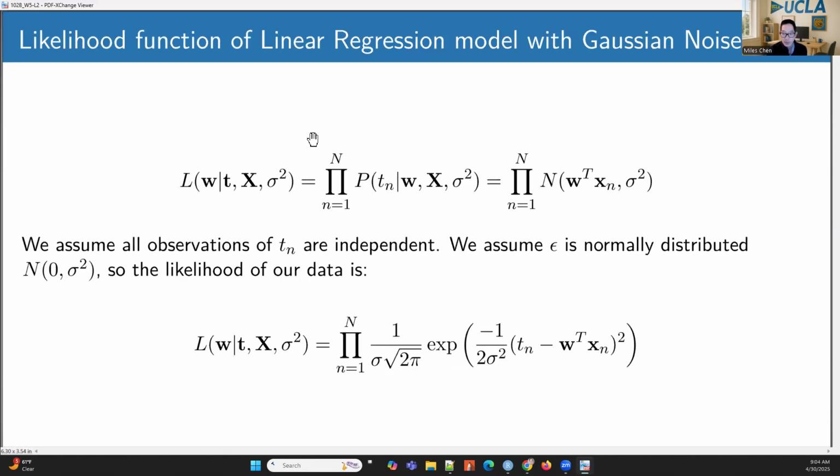So our model assumes that the random noise in our data is normally distributed. We saw this, but this is basically the normal PDF, where we're taking the difference between our actual value and the expected value, and we're taking the product of all of these normal densities.